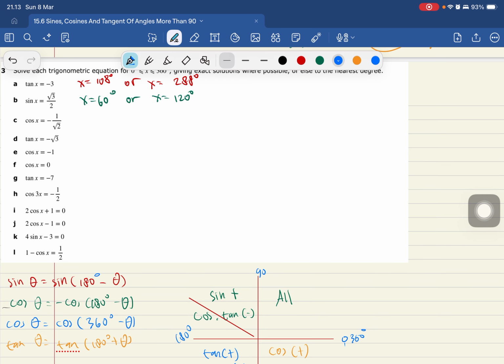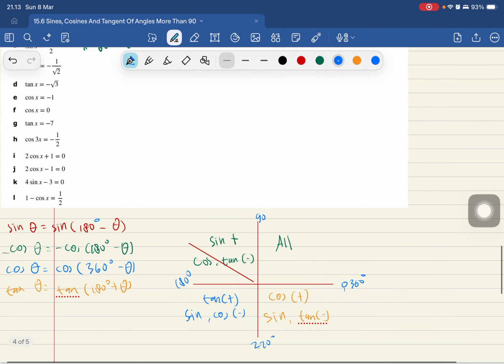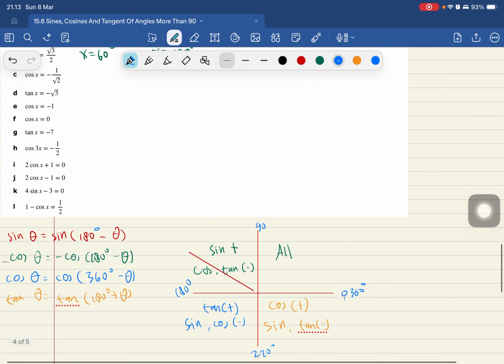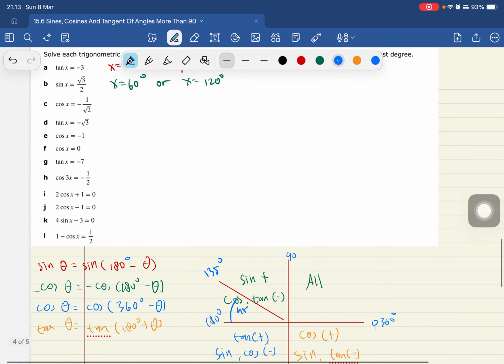Next we have cos x equals negative 1 over square root of 2. So this is here 45, from here 180 minus 45. So the first angle is going to be 135 degrees.